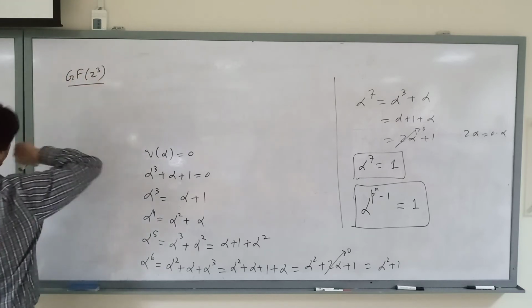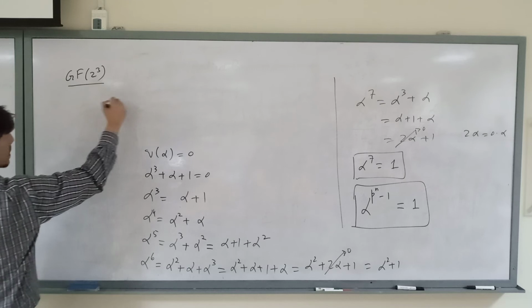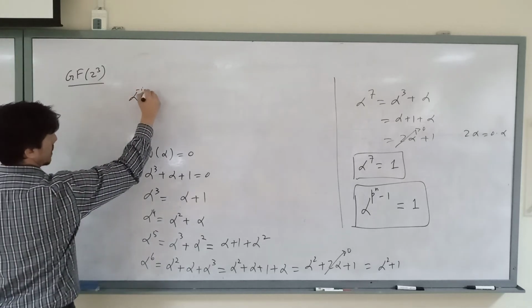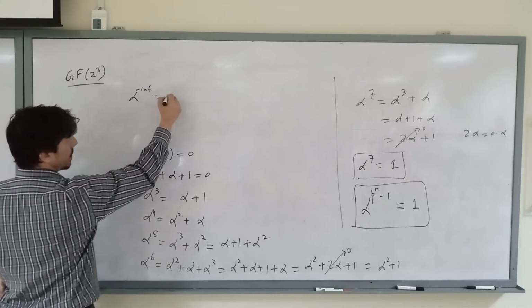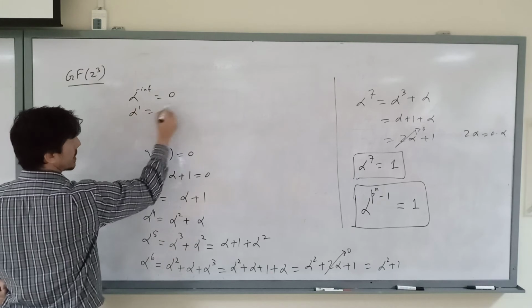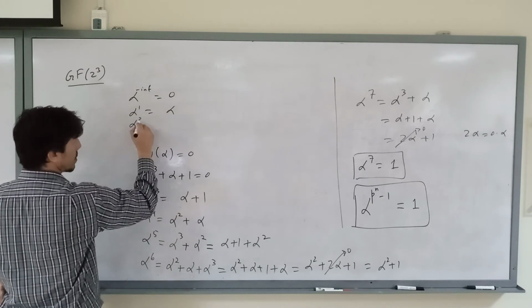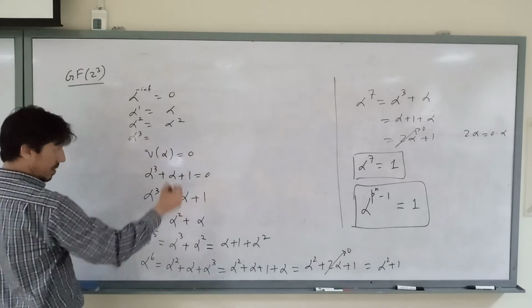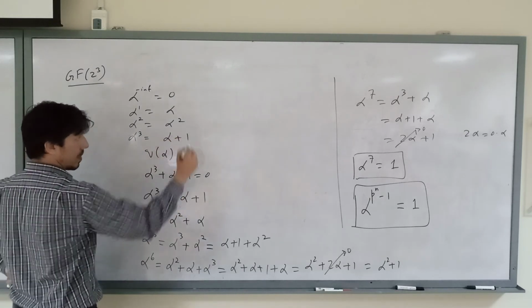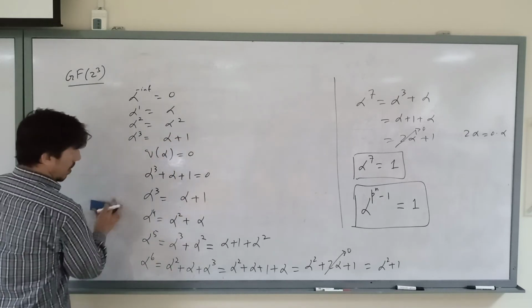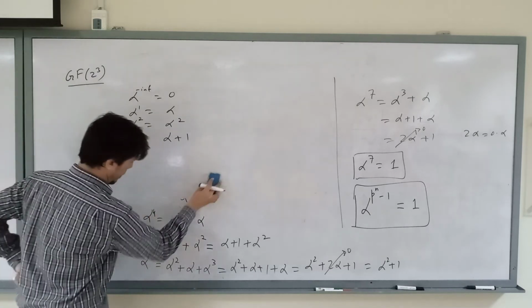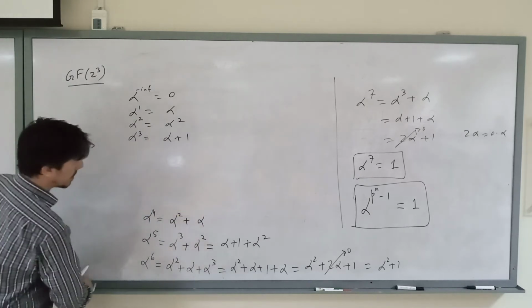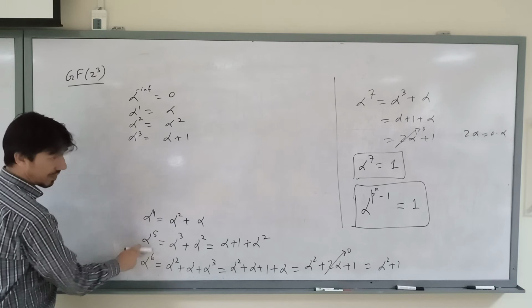It has elements like alpha infinity which is 0, alpha power 1 is alpha, alpha square is alpha square, alpha 3 is alpha plus 1, and similarly alpha 4, alpha 5, alpha 6.